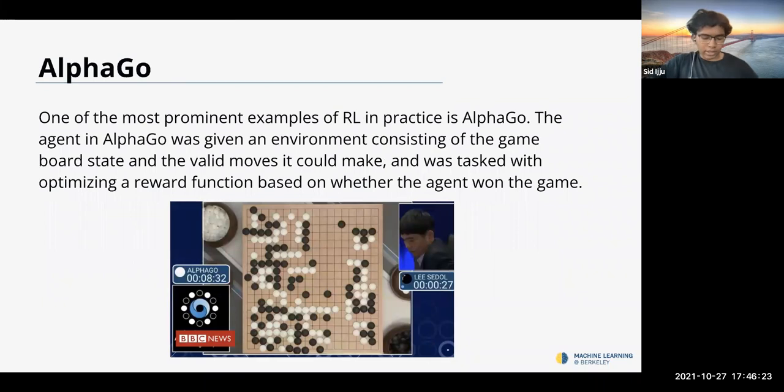So before we go into the details, it'd be good to get an example of RL, since I find it's easier to think about RL in terms of an example. One of the most prominent examples of this in practice is AlphaGo. For those of you who don't know AlphaGo, it's a deep neural network trained by DeepMind, I think. It was tasked with learning how to play Go.